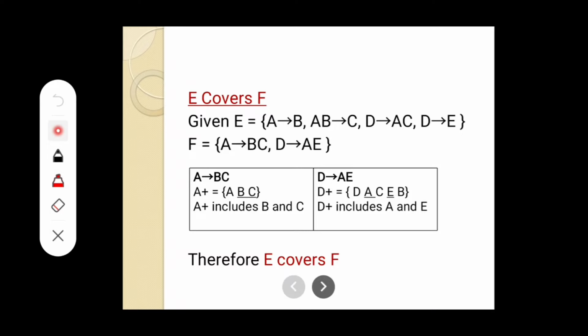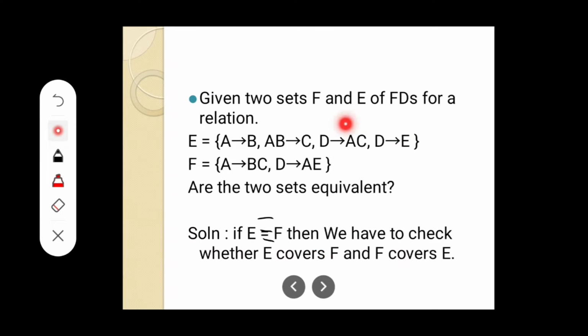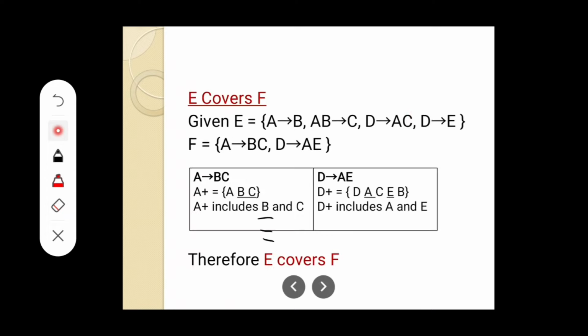Given, I am writing these two functional dependency sets again. E equals A determines B, AB determines C, D determines AC, D determines E. F equals A determines BC, D determines AE.